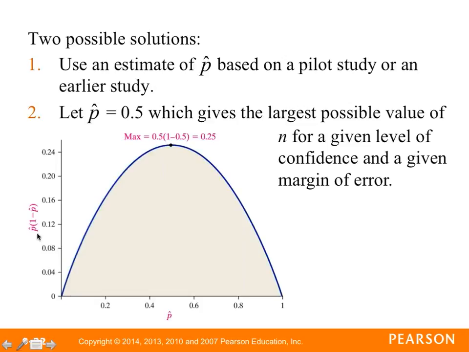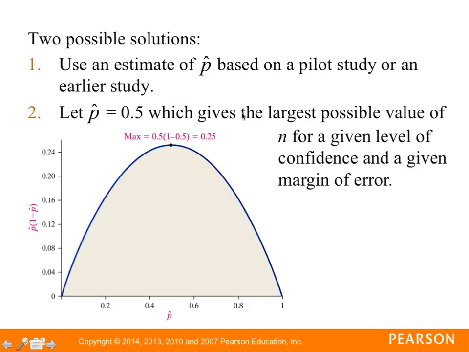So if you think about the value of p hat times 1 minus p hat, the largest value, if you think about what the graph of this would look like, because really this is negative p squared plus p, it's going to look like this. And then the maximum is going to be obtained right in the middle, when p hat equals 0.5 and 1 minus p hat is also 0.5.